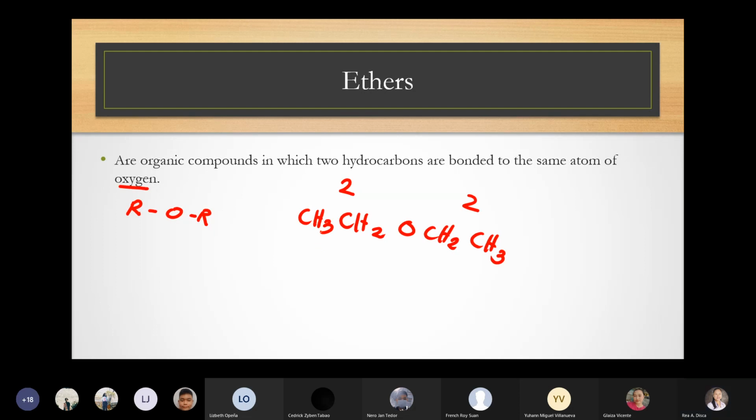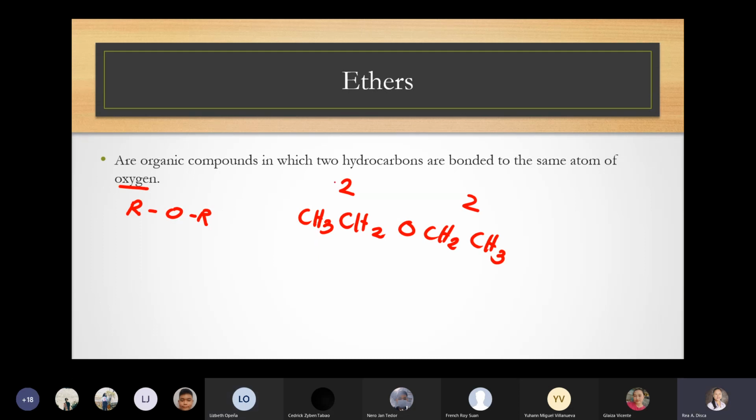Ano yung tawag ninyo sa alkyl group na dalawa yung carbon? That is ethyl.